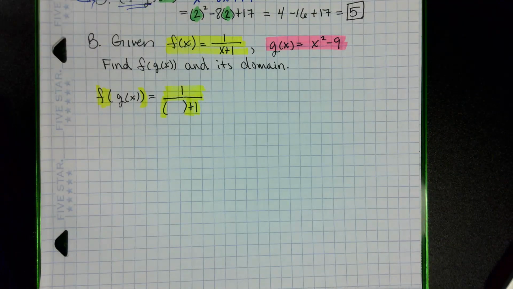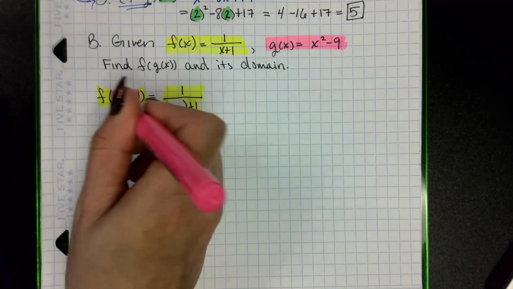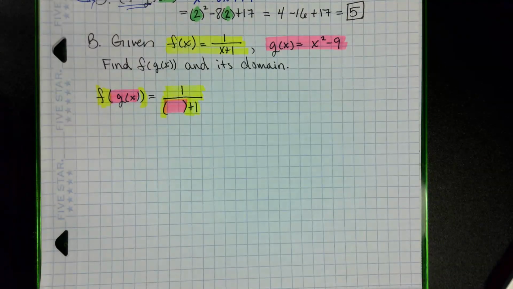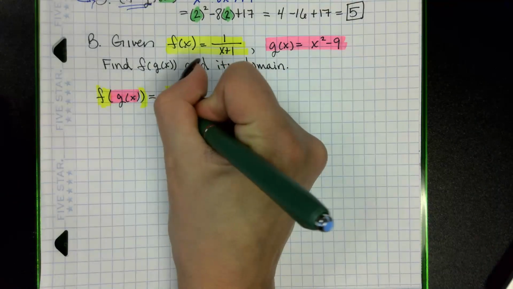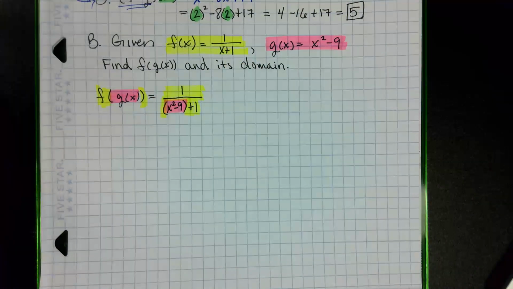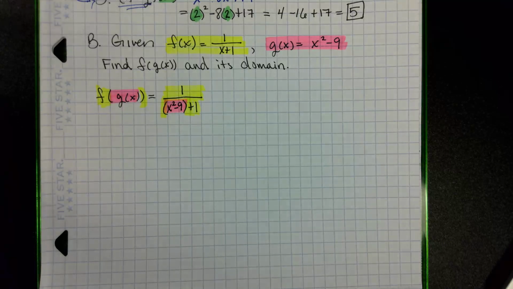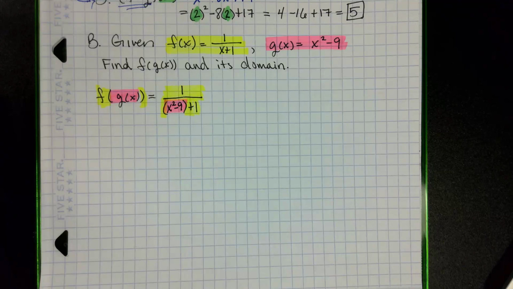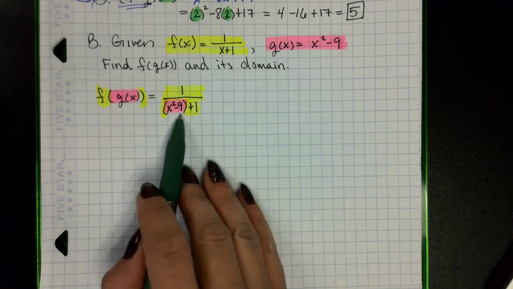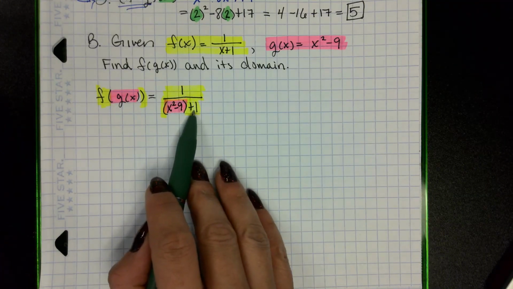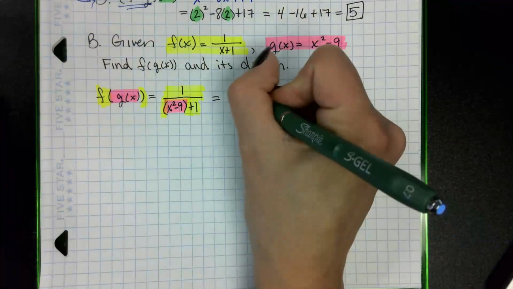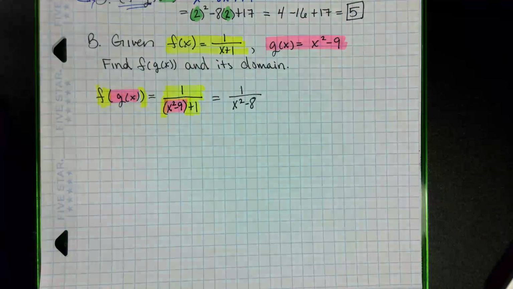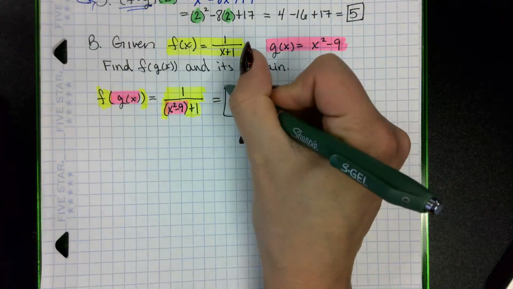And then I'm going to fill in my blank with the g of x, which is x squared minus 9. So I put the g function inside the f function. And then I want to simplify it. In this case, the parentheses aren't doing anything. It says x squared minus 9 and then a plus 1. So this is 1 over x squared minus 8. And that is the composition.